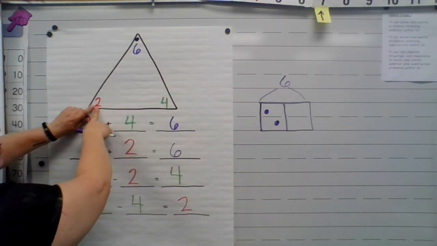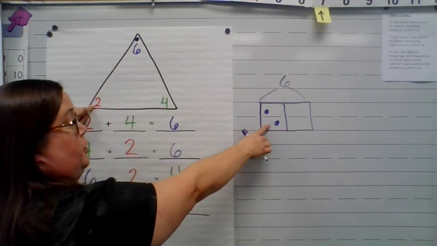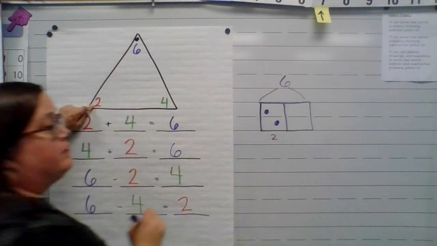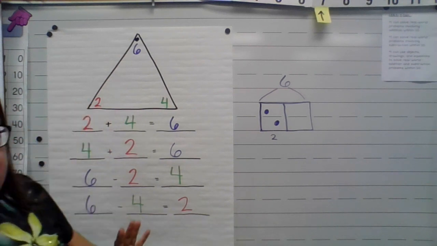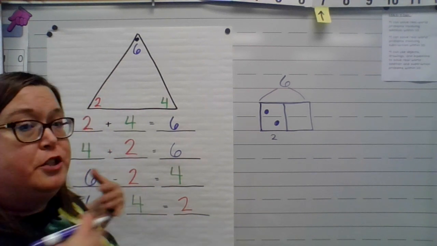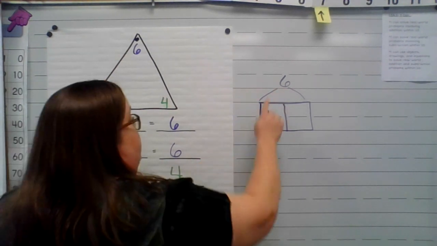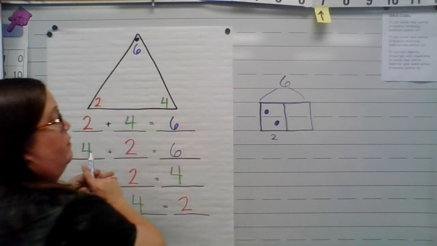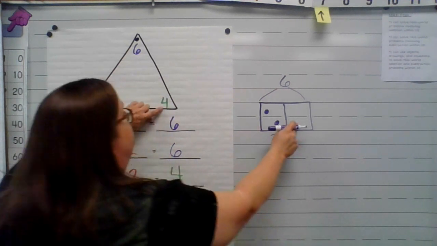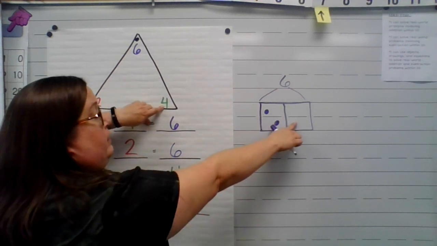Okay, 2. I'm going to label it so we remember. So far we've taken care of showing the 6 and the 2. Now we're going to draw 4 dots here.